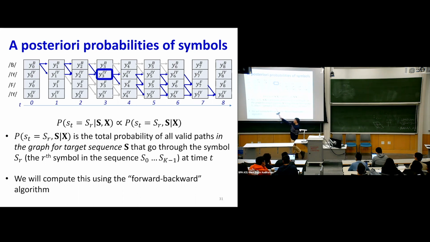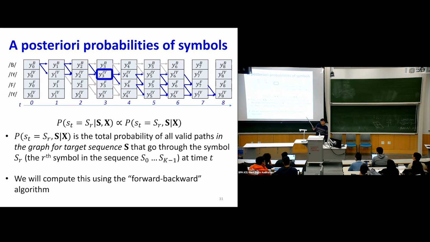The probability of aligning symbol S to time t given the compressed input and the compressed symbol sequence is proportional to the joint probability of aligning symbol S to time t and the compressed symbol sequence. Why am I doing that? If I take the total probability of all paths at this node, is that going to be 1?